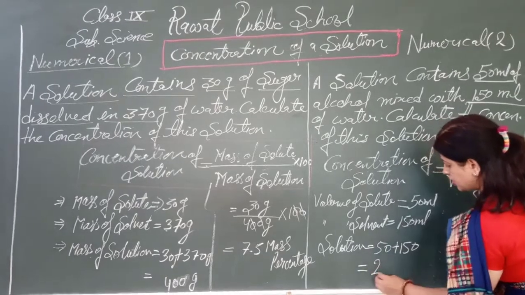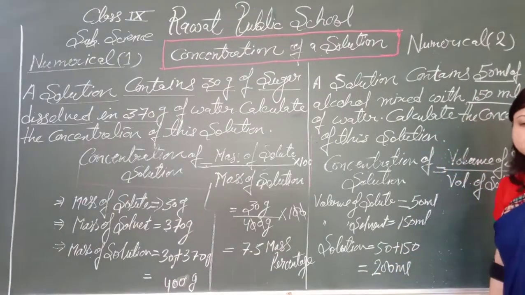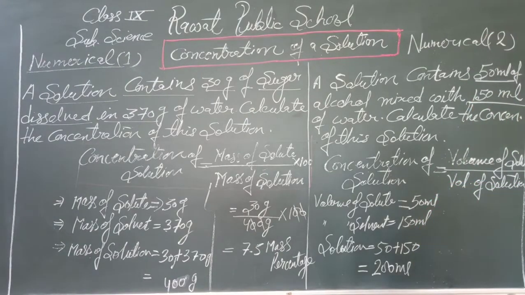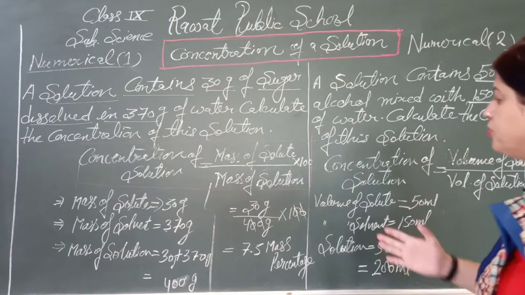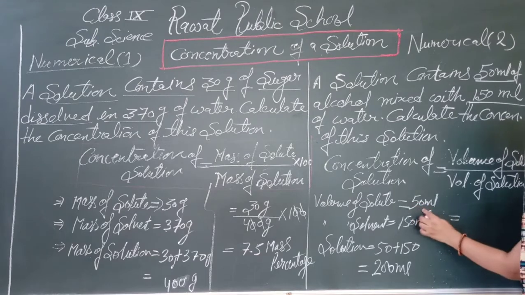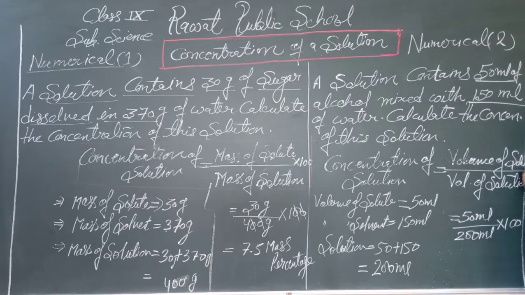What is the answer? 200 ml. 200 ml is the total amount of the solution. Now put the values in this formula. Volume of solute is 50 ml, volume of solution is 200 ml, multiply by 100.